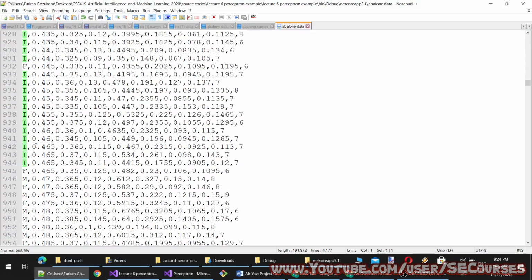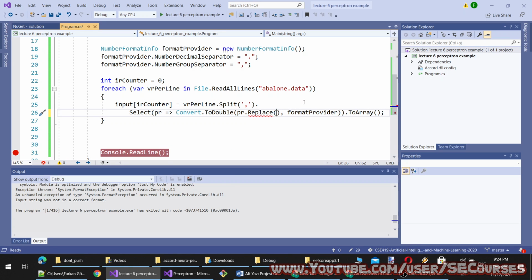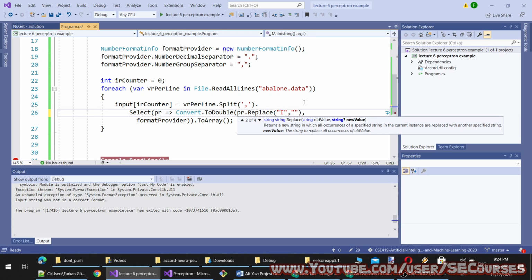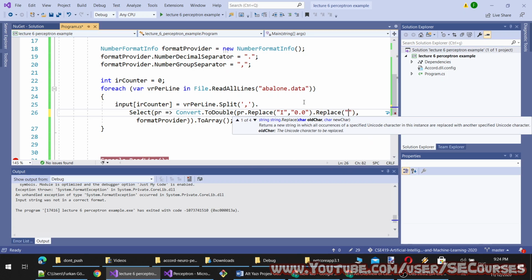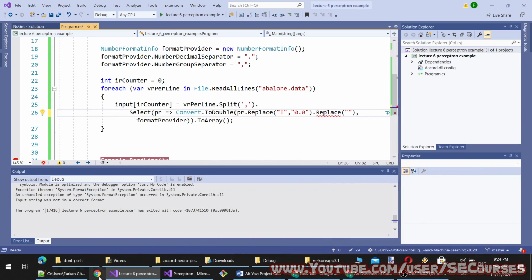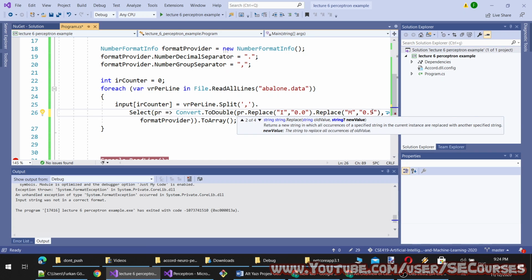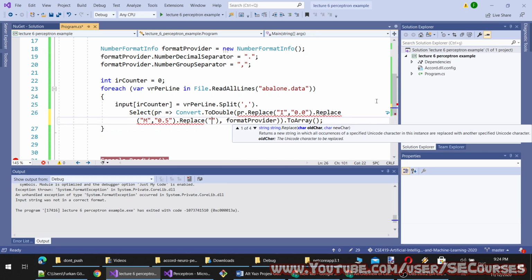So my category data are M, F, and I. So I am going to set I as 0.0, and I will replace M as 0.5, so this is the decimal separator, and I will replace F as 1.0.